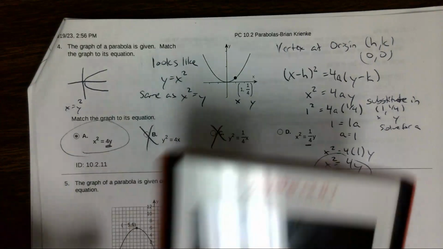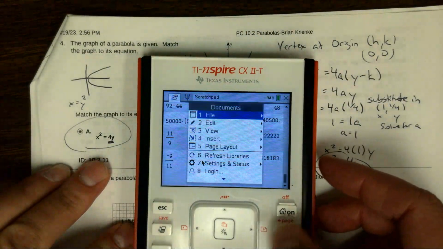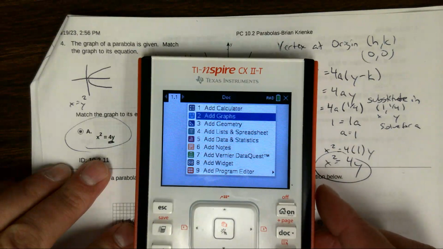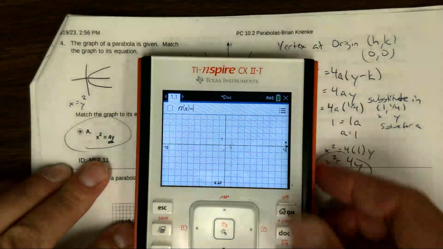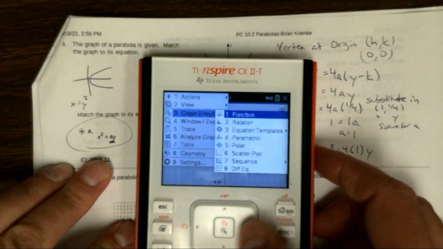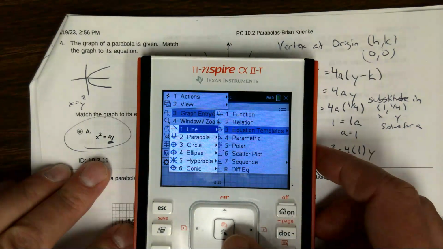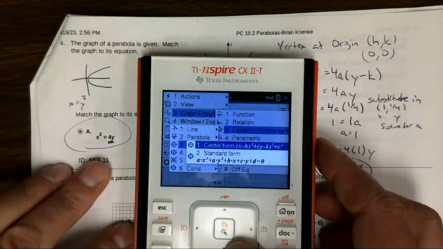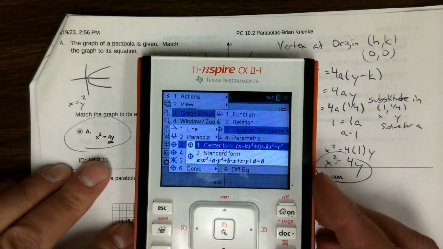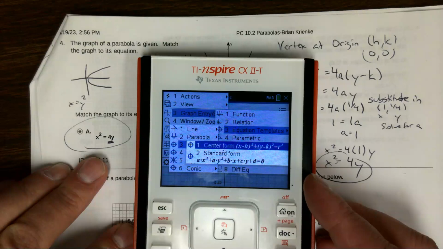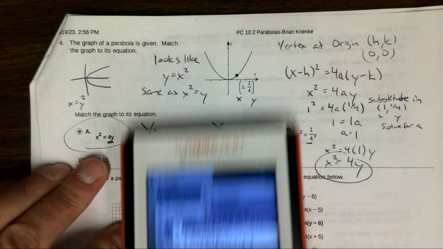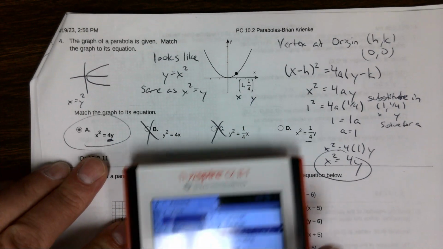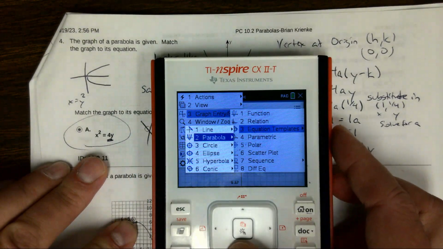I know you can't actually check your ordered pairs because the table's disabled. Now, I did want to mention, if you go to your function and then to your equation template, I need to go to parabola.